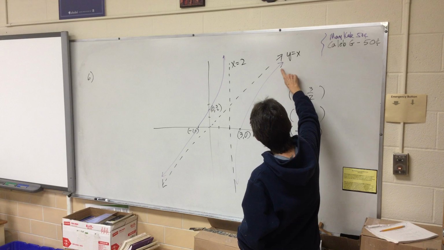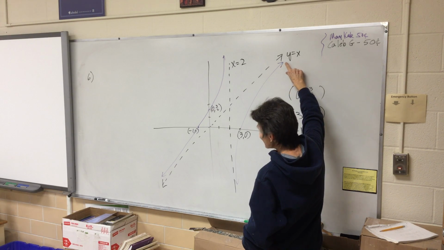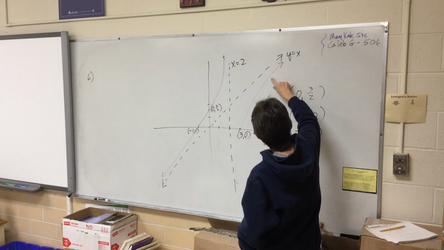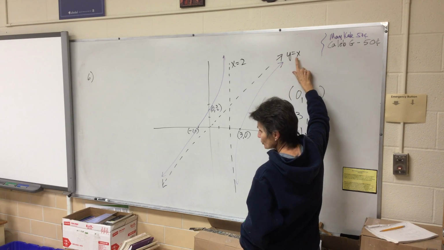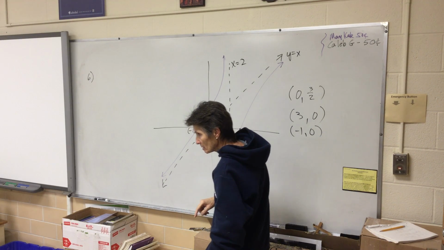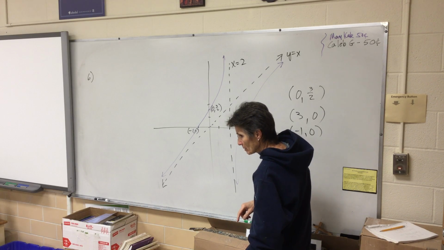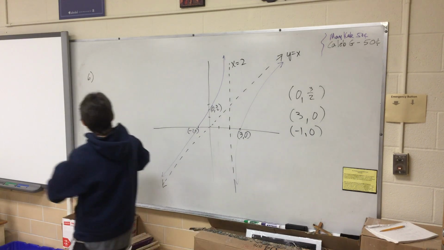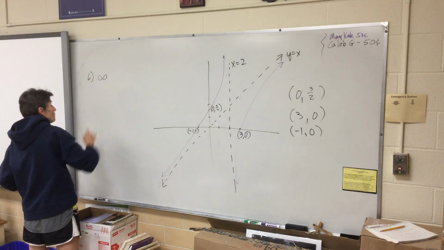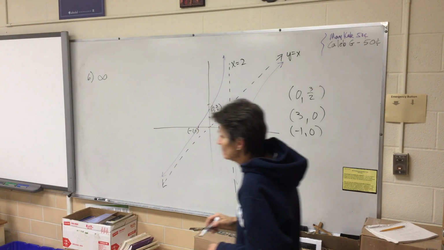What is happening to my y values as I keep moving my finger to the right? It's going towards positive infinity. Indeed it is. It's going up, up, up, up, up. It's heading toward positive infinity.